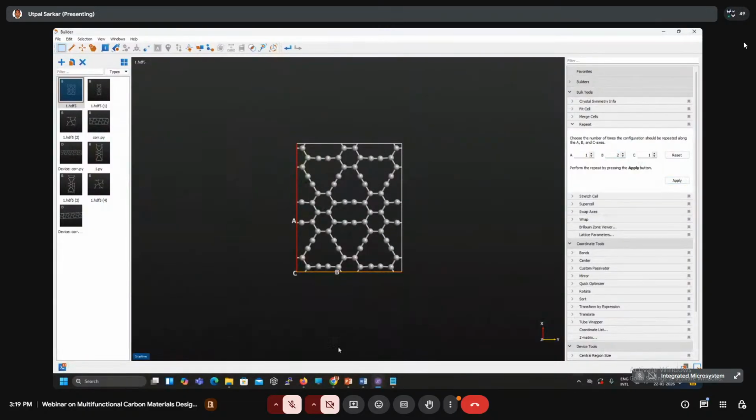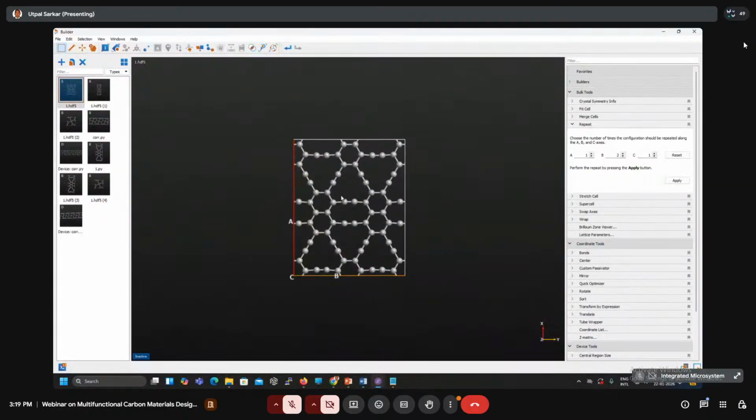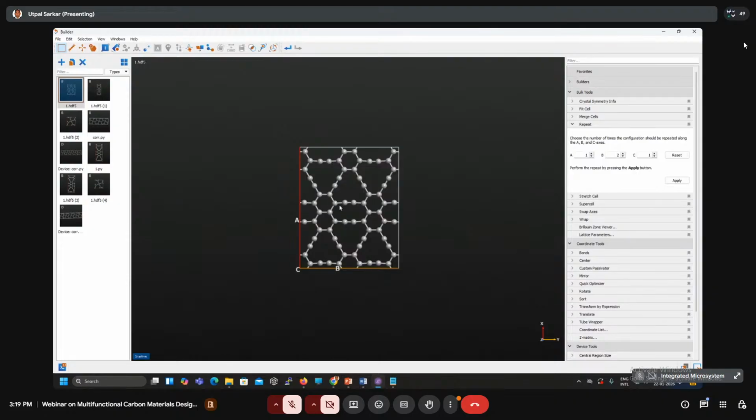Suppose the supercell is ready, then we will add the potassium ions on the supercell. Since this site is the most stable site, we will adsorb potassium ions on the most stable adsorption site.